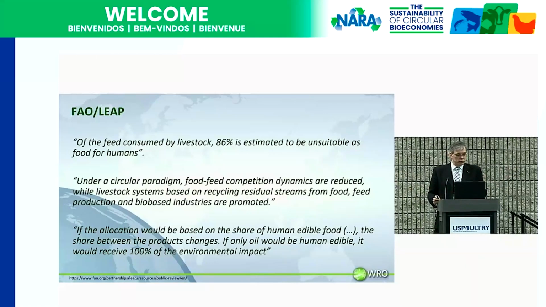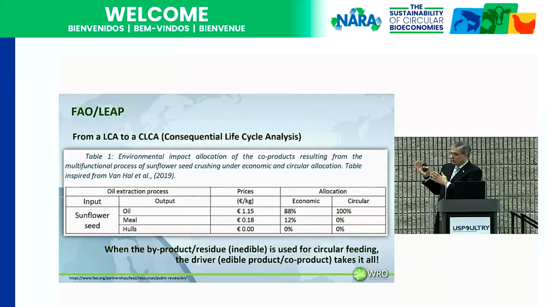If the allocation were based on human edible food, the share between the products changes. If only oil is human edible, it would receive 100% of the environmental impact. What are they telling? They're telling this. You crop sunflower seed. Super. Nobody would crop sunflower seed due to the demand of sunflower meal. Forget it. You're just going to crop sunflower seed if there is a demand for sunflower oil.